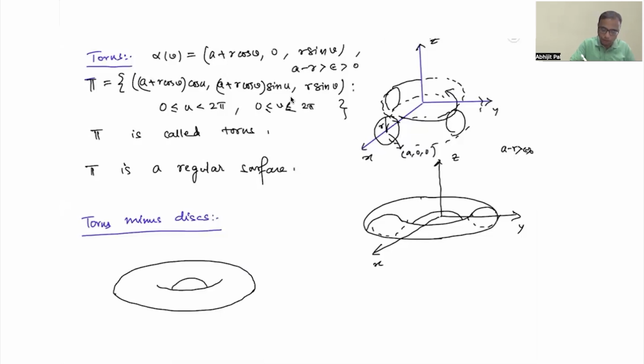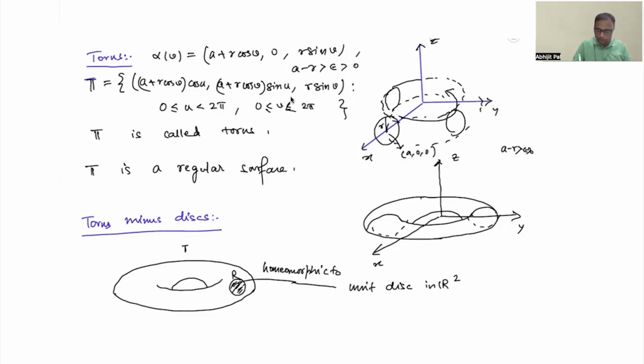Now take a subset of this torus, a region R, such that R is homeomorphic to a unit disk in R2.